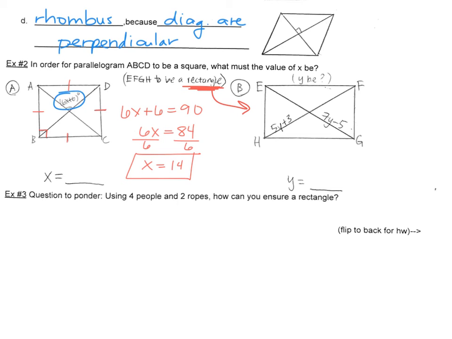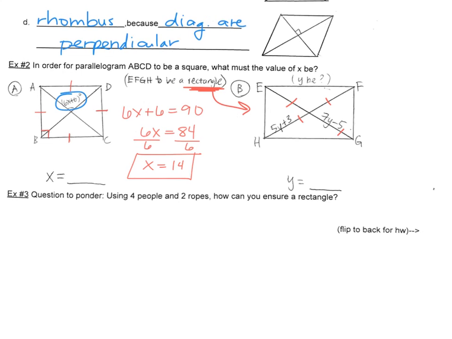People are always like, wait, that's not the whole diagonal, so why would you set those equal? But we know in a rectangle, diagonals are equal. We know in a parallelogram, diagonals do what? Bisect each other, right? So if that's the case, all 4 of those are equal in a rectangle. Not in a parallelogram, but in a rectangle, this will always be true.